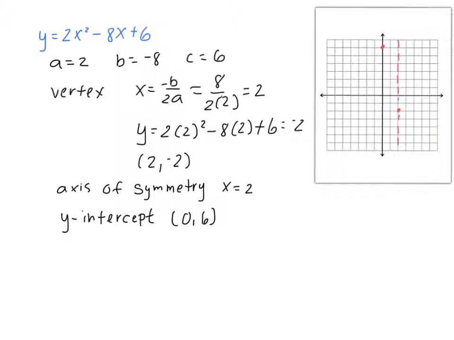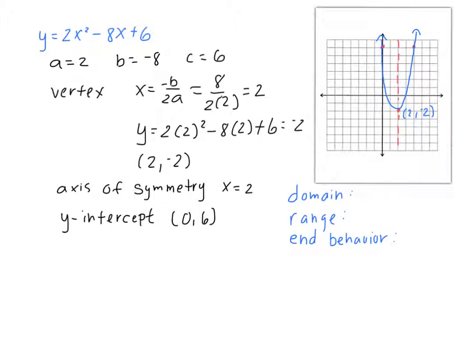There are 2 units from our y-intercept to our axis of symmetry, so we can go 2 units on the other side of the axis of symmetry and plot a third point. 3 points determine a parabola, so we can connect those 3 points with a smooth curve. And there is the graph for the equation y equals 2x squared minus 8x plus 6.